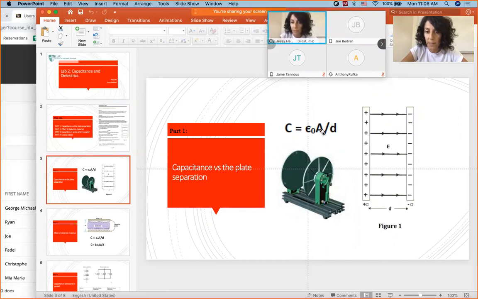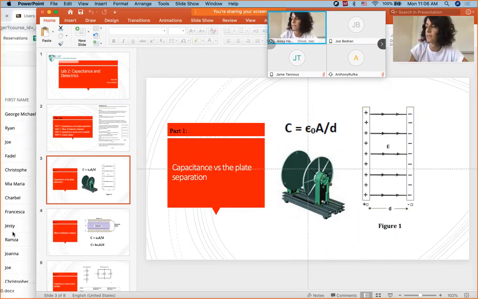The area of the plate, can you tell me briefly how to measure the area of the plates? Yes, anybody? So how do you measure, yeah? Pi r squared. So what do you measure to be able to calculate the area?